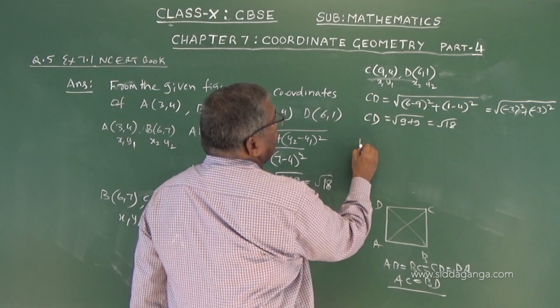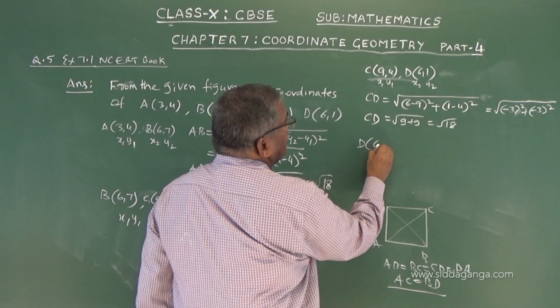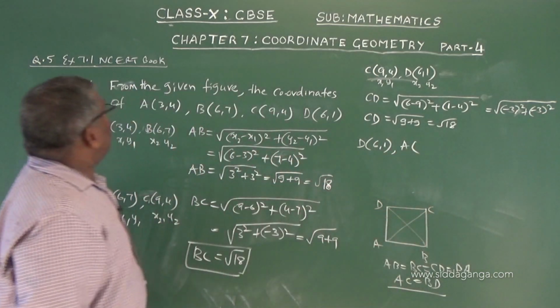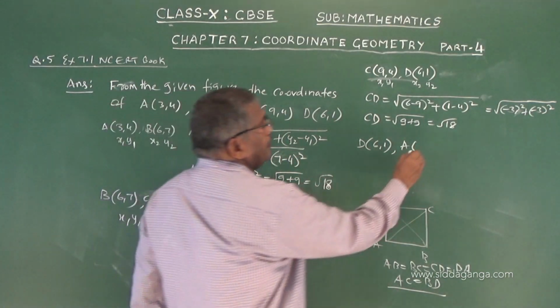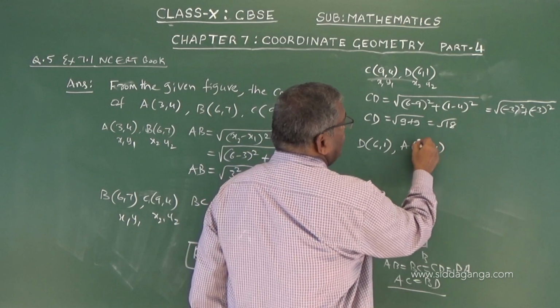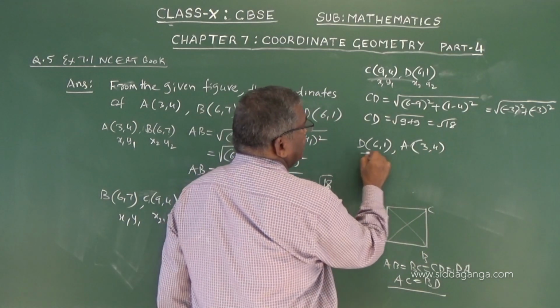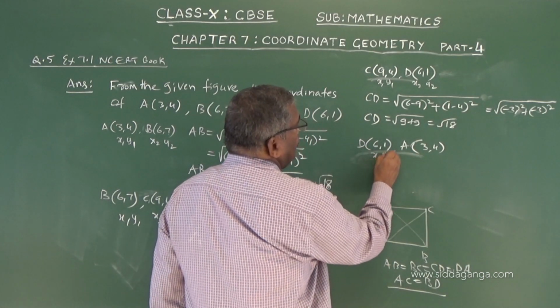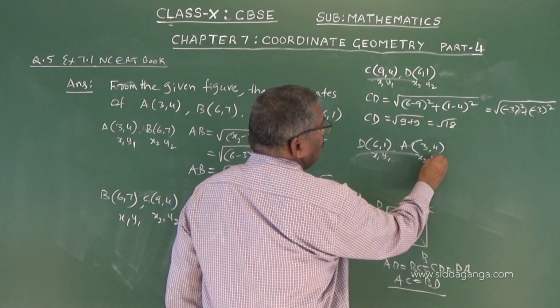Now DA. I will take point D (6, 1) and A (3, 4). Now find DA. Take x1, y1 like this, and x2, y2.